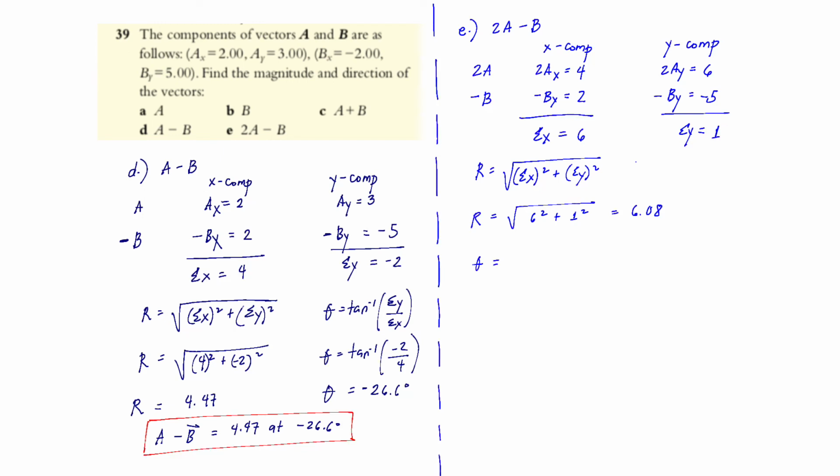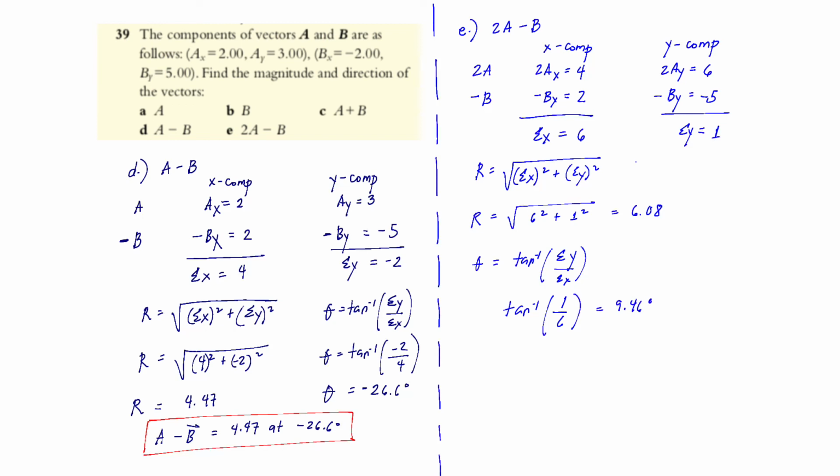The angle is the arctan of summation of y over summation of x, which is the arctan of 1 over 6, and that is around 9.46 degrees.